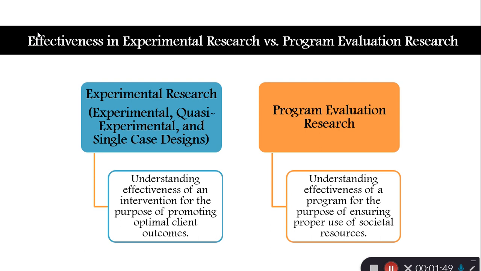By comparison, in program evaluation research, we also want to understand this idea of effectiveness, but we want to understand it for the purposes of ensuring proper use of societal resources. So effectiveness is appropriate across all of these different types of designs, but the reason why effectiveness is emphasized differs based on the design itself.